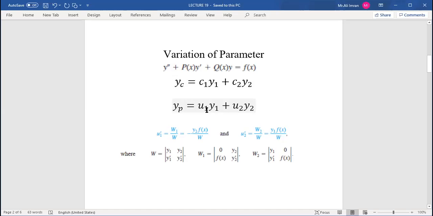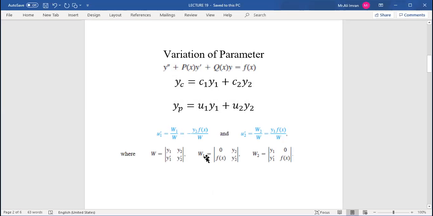The values of U1 and U2 are determined as U1 prime is equal to W1 divided by W, and W I have defined at the start of this chapter. W is the Wronskian. If we have a second order ordinary differential equation, then the Wronskian will be y1, y2, y1 prime, and y2 prime.